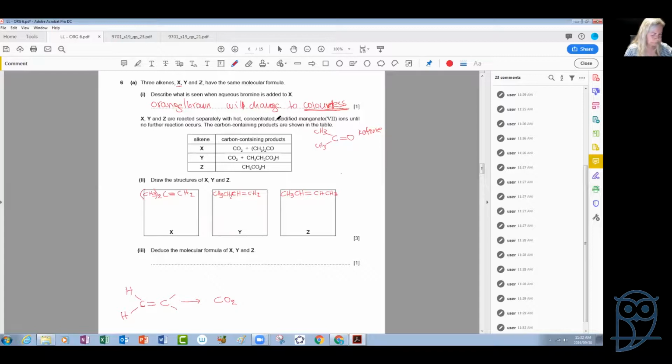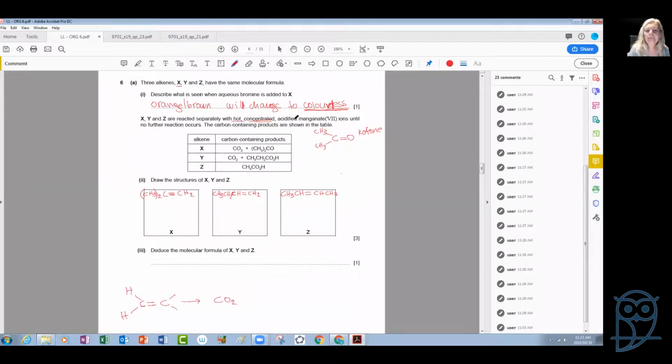Now, the next question says, X, Y, and Z are reacted separately with hot concentrated acidified manganate ions, hot and concentrated, until no further reaction occurs. The carbon-containing products are shown in the table.